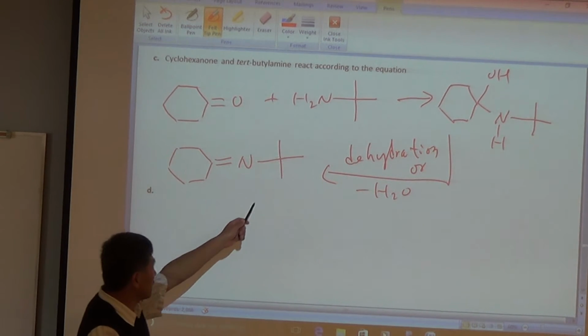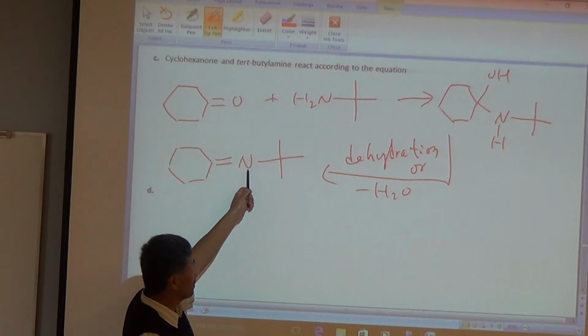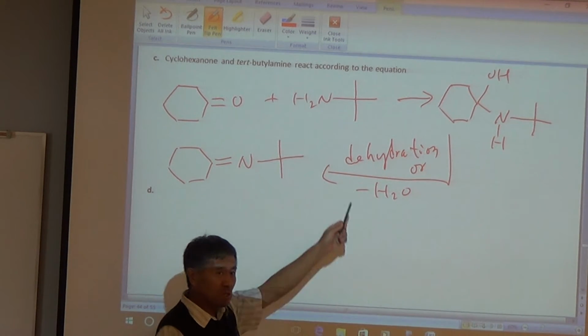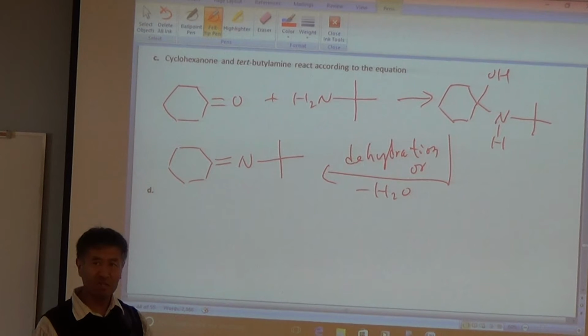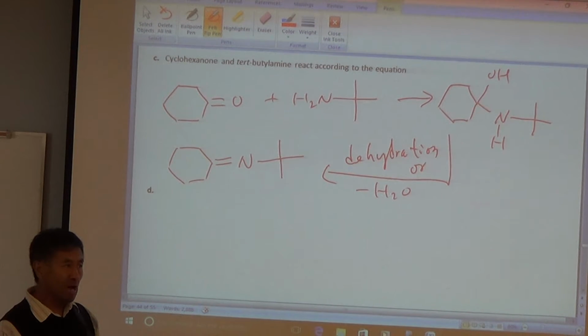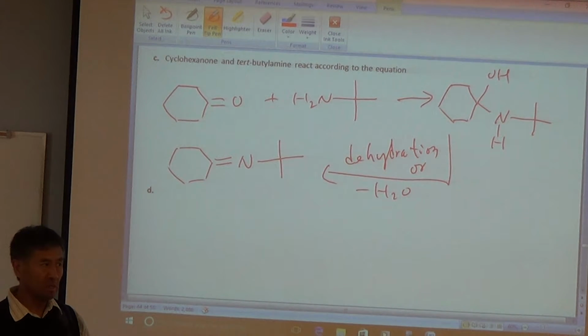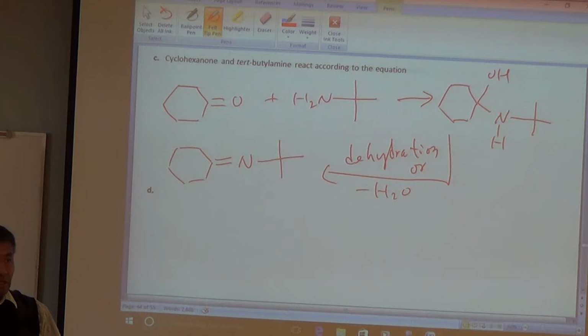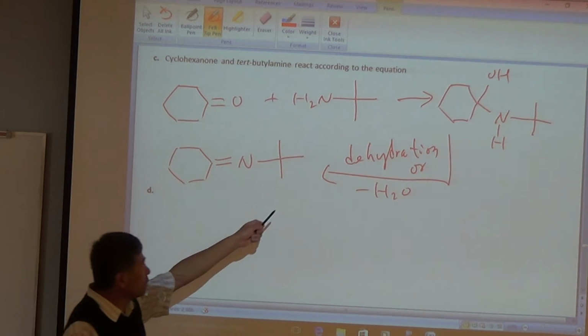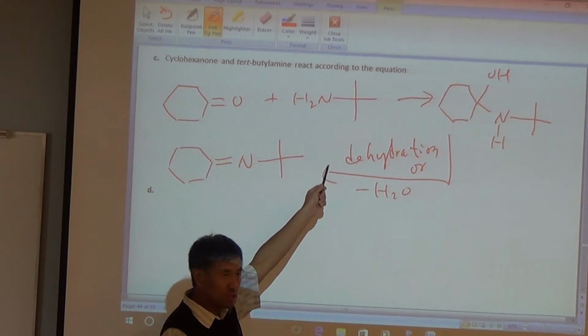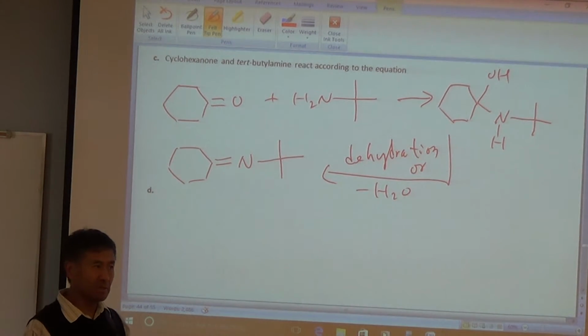Even though this looks like a tertiary carbon, this amine here is still a primary amine. The amine's definition is a little different. Primary, secondary depends on how many carbons are attached to the N. Primary amine means only one carbon attached on the N. So the requirement to produce an imine is you use an aldehyde or ketone with a primary amine. No matter what kind of alkyl you have here, tertiary, secondary, primary, it doesn't matter.